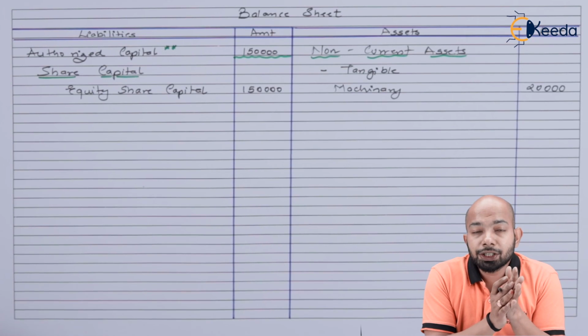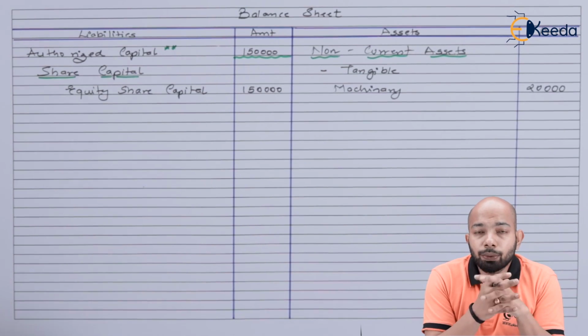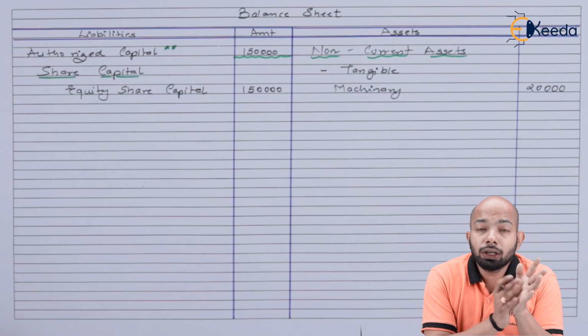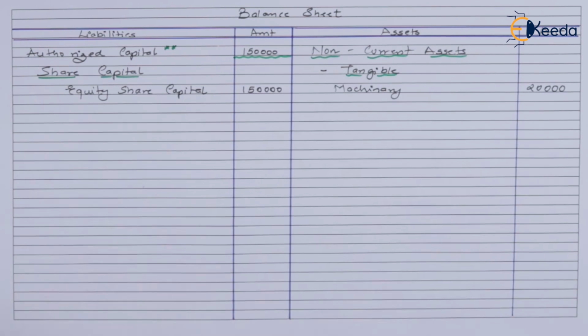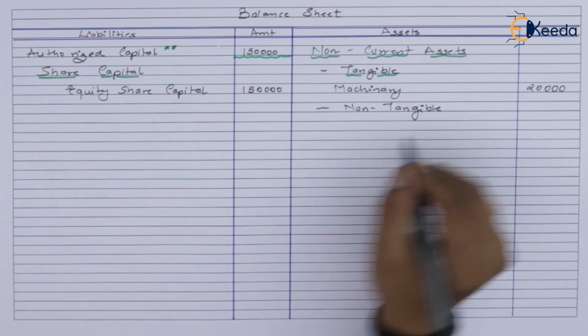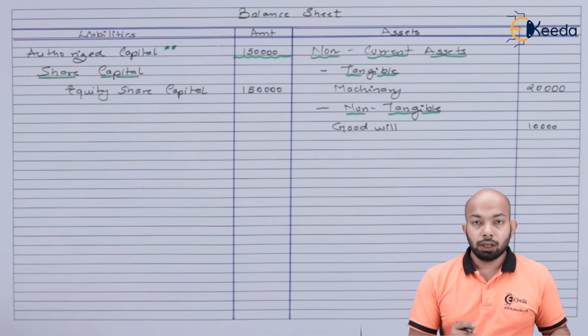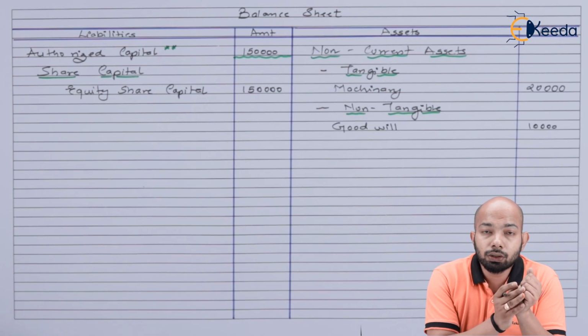So the final cost of the machinery that we had was somewhere around 20,000 because 5,000 was the discount provided. Now the next category will be non-tangible asset, which will be goodwill here. Again, the goodwill was the promoter's balance that we have given to them, that is 10,000 rupees.